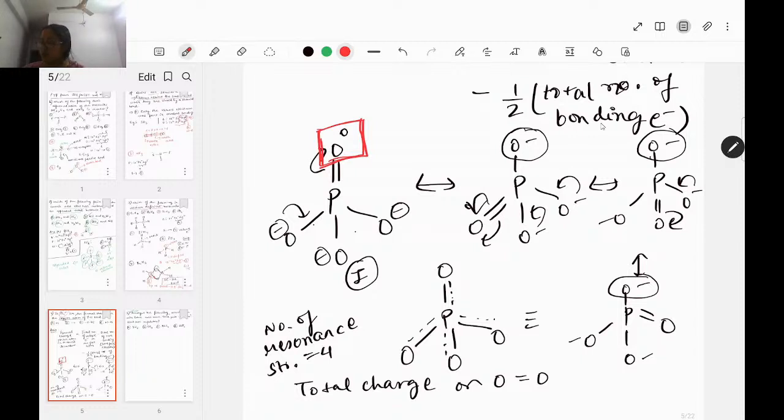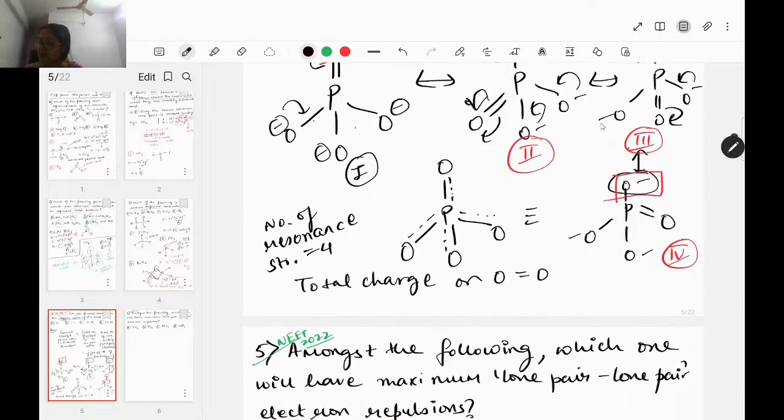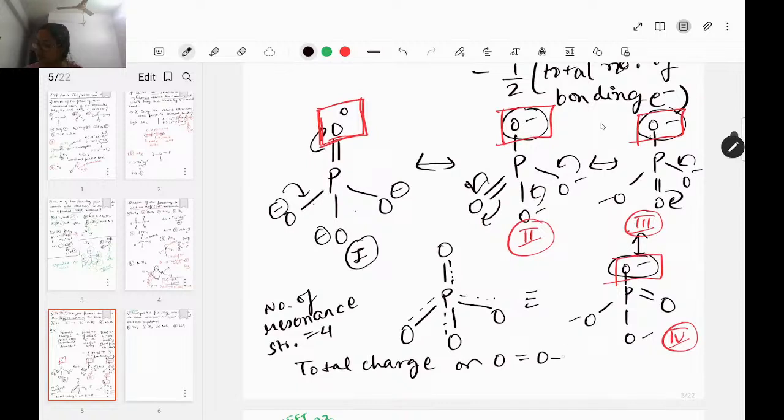In the second, third and fourth structures also we will look at only this oxygen atom, and add up its respective charge. In the first structure this oxygen atom had 0 charge. In the second structure it has -1 charge. Third structure it has -1. Fourth structure also it has -1. So the total charge over here is -3.